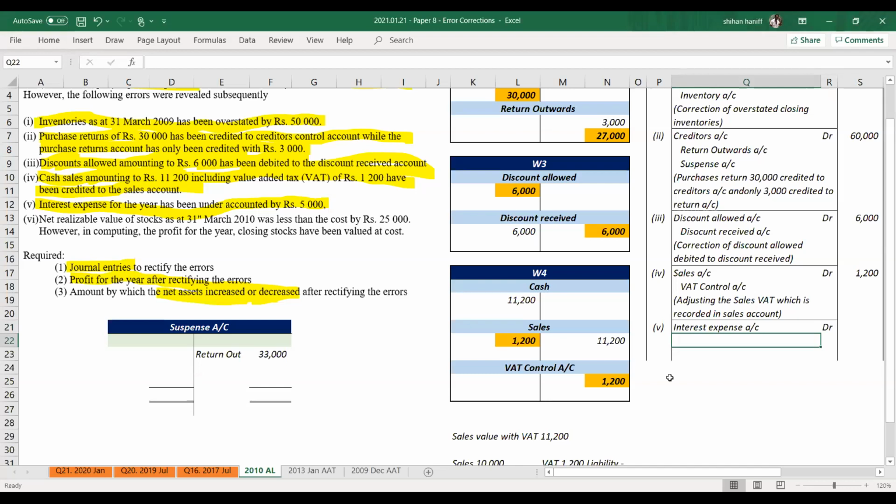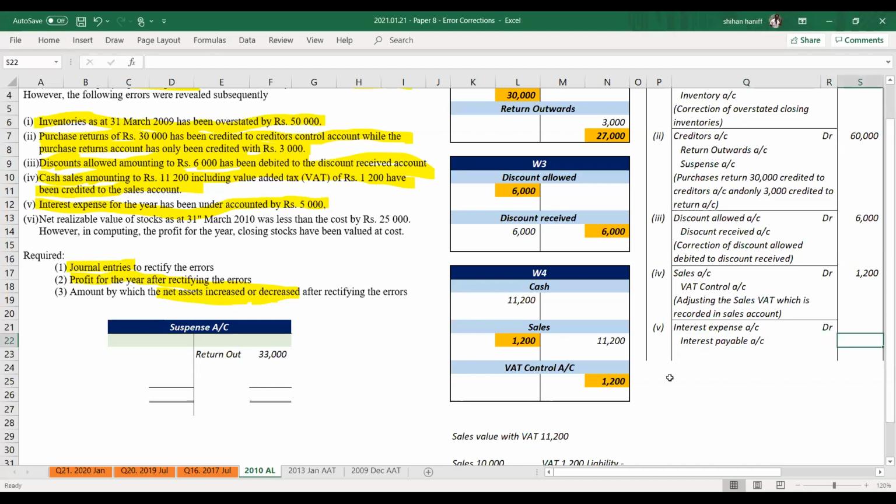And it is not yet paid. Unaccounted means they have not recorded. So it may be a payable. It's a liability. If it is paid, it will be recorded in the cash. But it is not recorded, not accounted, so we have to record it under the interest payable account.